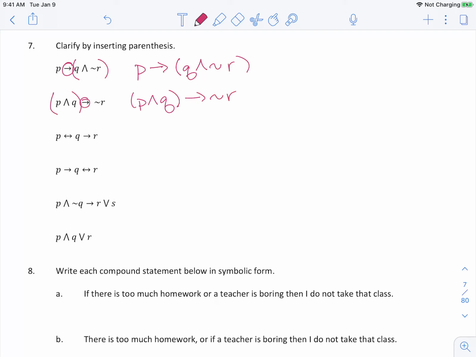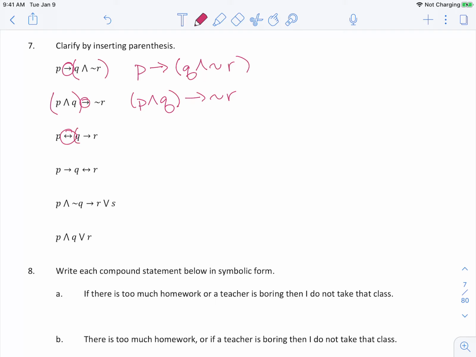Next, we have P, if and only if, and then we have Q, if then symbol, and our R. For this one, our most dominant is the if and only if.